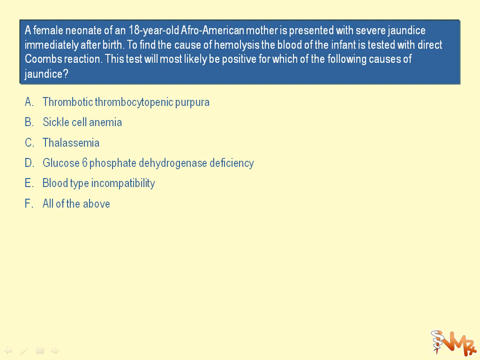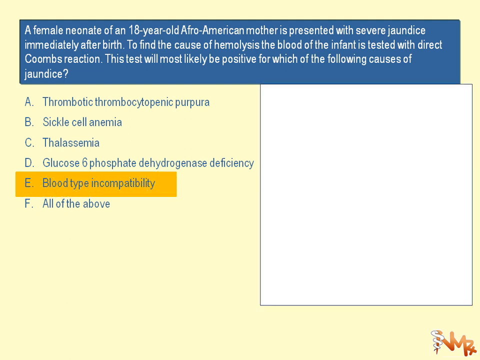Actually, the correct answer is blood type incompatibility. And the fact that the mother is Afro-American is not, as you're going to see shortly, relevant to the correct answer. It might point to sickle cell anemia or possibly, to a lesser degree, thalassemia in this case scenario, but not to the correct answer.